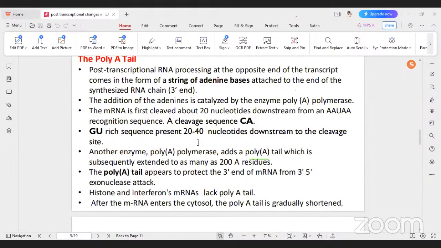Already two steps are completed. In how many steps are the post-transcriptional changes? How many completed so far?